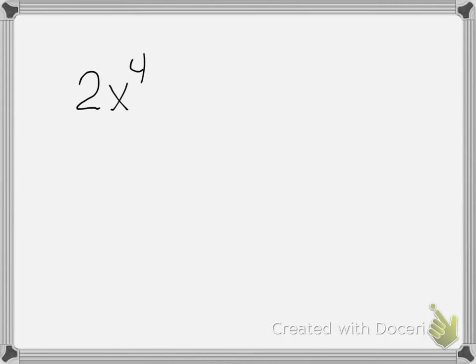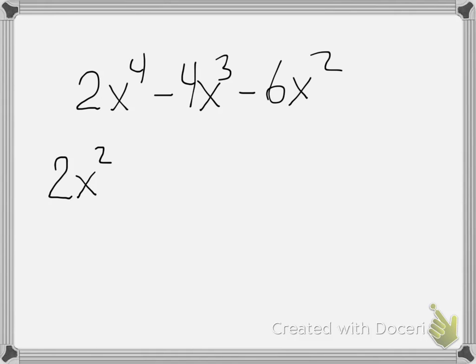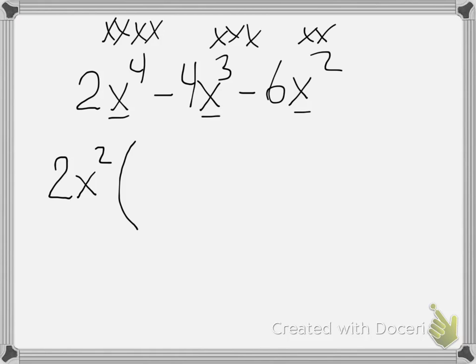2x to the fourth minus 4x cubed minus 6x squared. So a GCF would be 2x squared. This time we're bringing a variable out with our GCF because they all had x's. This one had x to the 4, this one had 3, and this one has 2, so the only common is x squared. Among the numbers, the only common is 2.